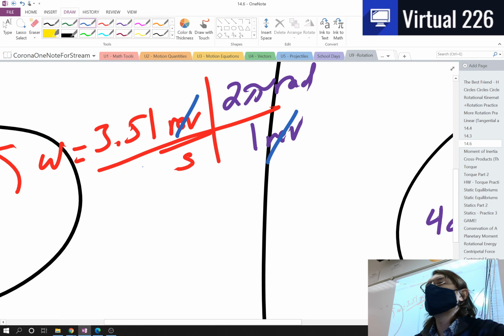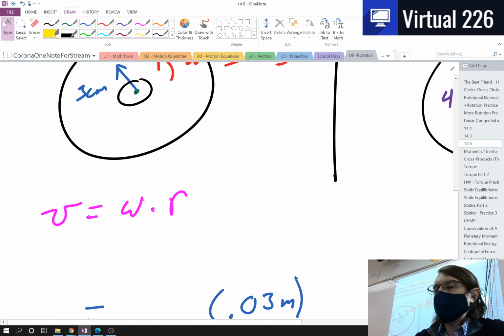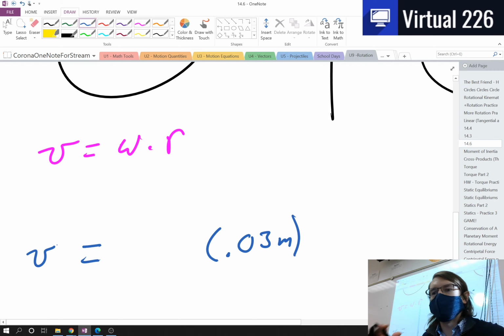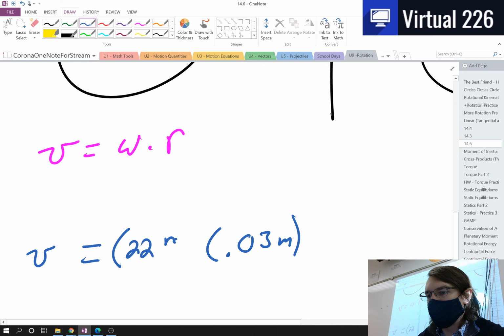When we do this, we want to make sure that we multiply by both the 2 and the pi, because it'll make it a little easier down here, as we want this velocity to not be in terms of pi anyways. We want it to just be some number. So if we take 3.51 times 2, that gives us 7.02, and then multiply by pi, that gives us 22 and a little bit, but we're just going to say it's 22 radian per second.